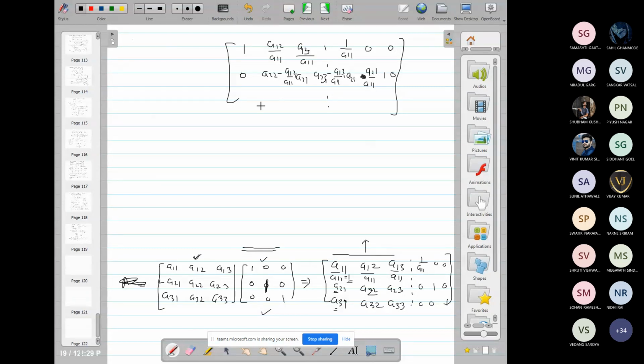And similarly for the third row, multiplying the first by A31 and subtracting, we get A32 minus A31 A12 upon A11, and A13 into A31 upon A11, and A33 minus, and here 0 minus A31 upon A11 and 0 and here 1.